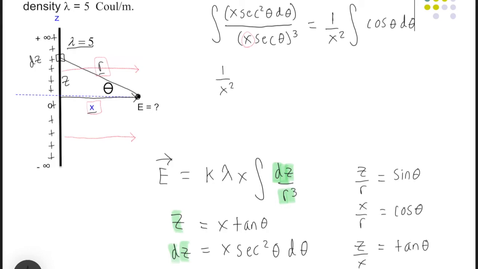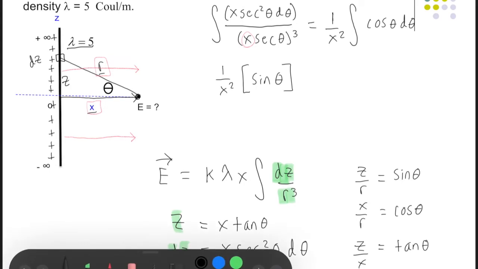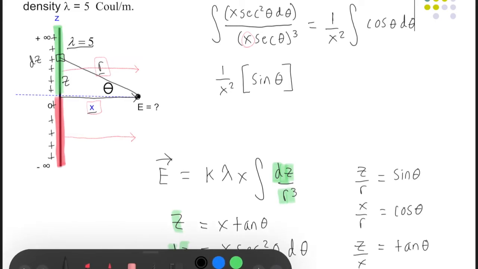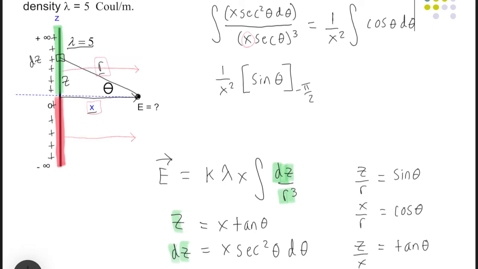And we want to understand what part of this we're integrating. Since we have a straight line in the positive z and the negative z, we can say that we're looking at this from negative pi over 2 to pi over 2. This whole integral of the sine will equal 2.